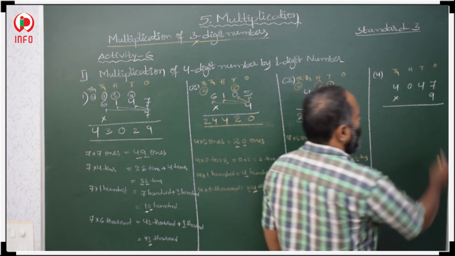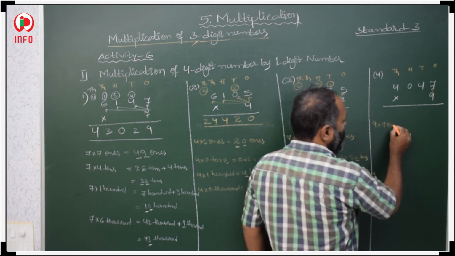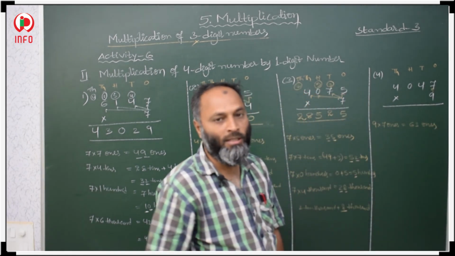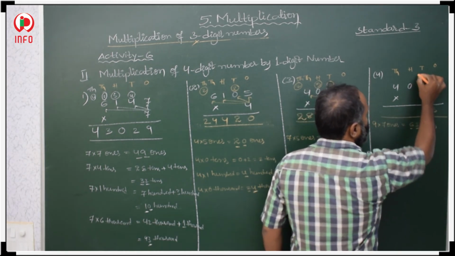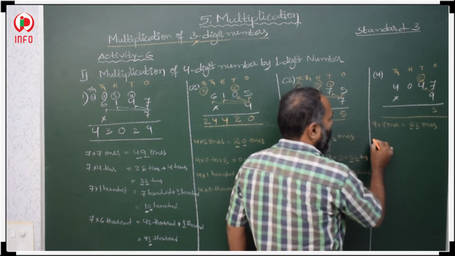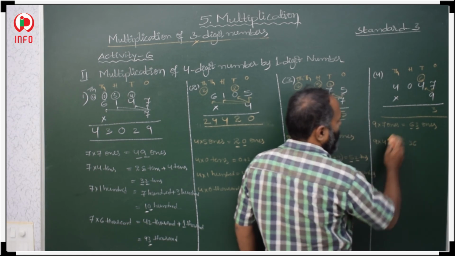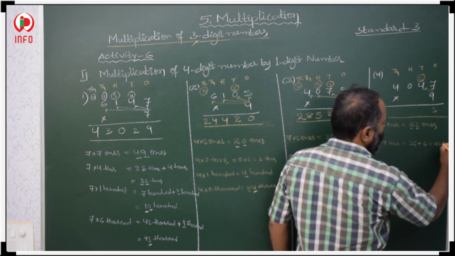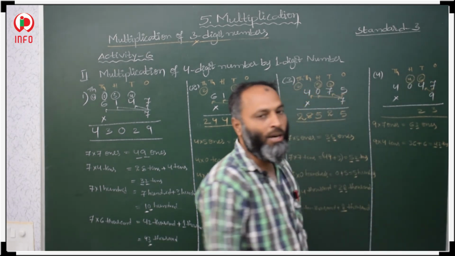Now we multiply 9 with 7. 9 into 7 ones, 9 sevens are 63 ones, means 3 ones and 6 tens carry over on tens place. 9 with 4, 9 into 4 tens, 9 fours are 36 and 6 carry over, 36 plus 6, 42 tens. 42 means 2 in tens, 4 carry over on hundreds place.